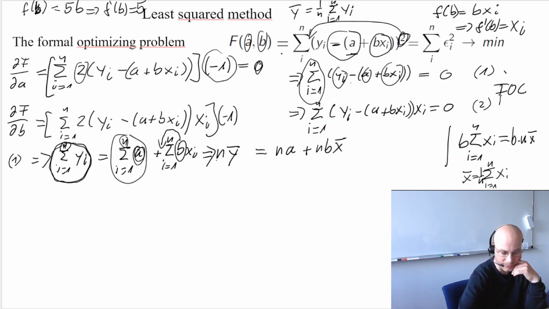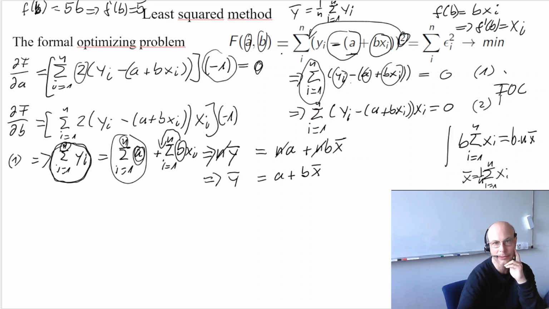And then, of course, we see that we get rid of the sample size. So we obtain y bar equals a plus b times x bar.